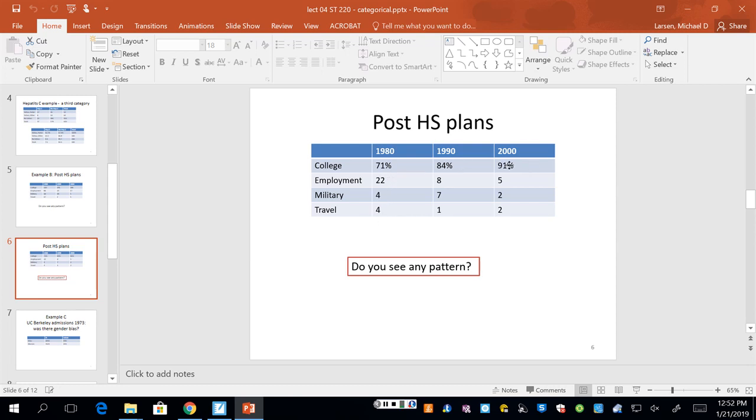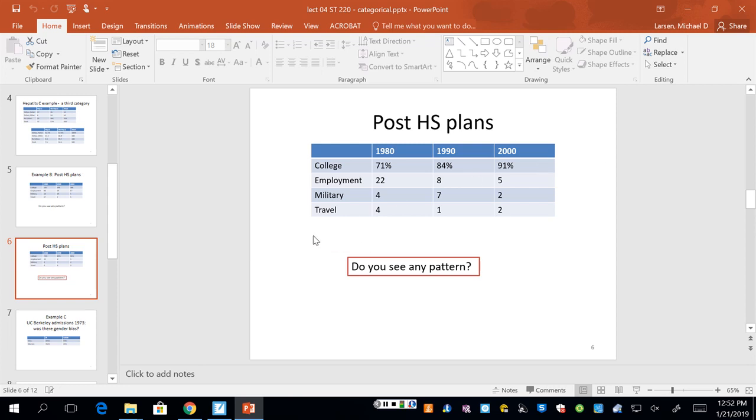As you go forward, the military and travel ones have not changed all that much. Military went up for a little while, but the college versus employment really has changed. The plans, now, whether everybody actually does that according to their plans is another thing. But by going to percentages, you can see pretty clearly some pattern that's going on there.